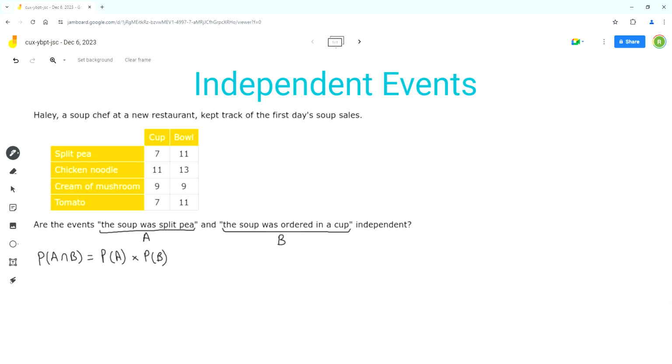We'll start by calculating the probability of events A and B. For that, we'll use the formula for theoretical probability, which is number of favorable outcomes over number of possible outcomes.